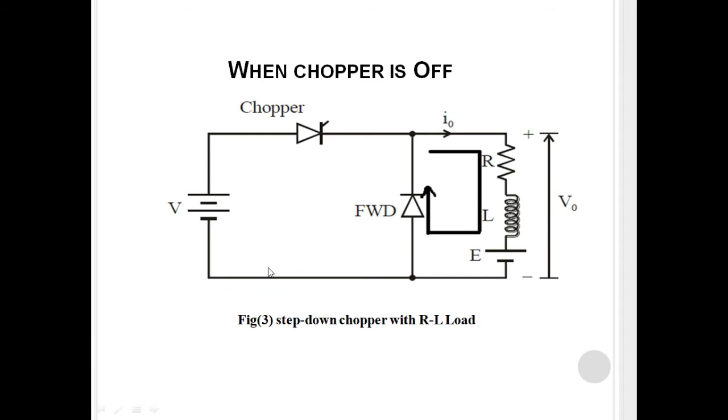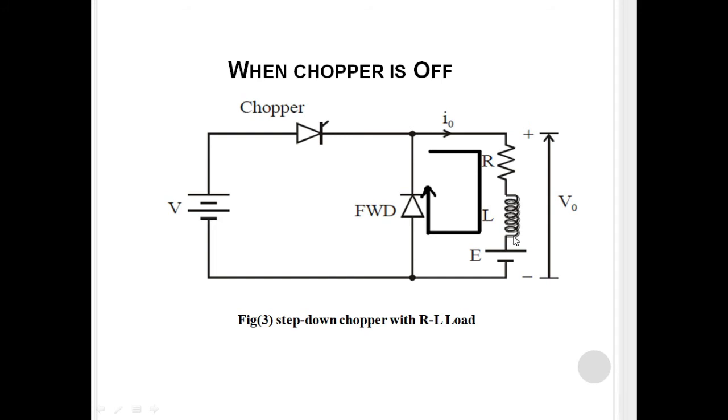This is the diagram of a step down chopper when the chopper is off. Chopper off means the switch is open. When the switch is open, the supply voltage is disconnected from the load side. The inductor releases its energy, and when it does, it changes its polarity: negative here and positive here.